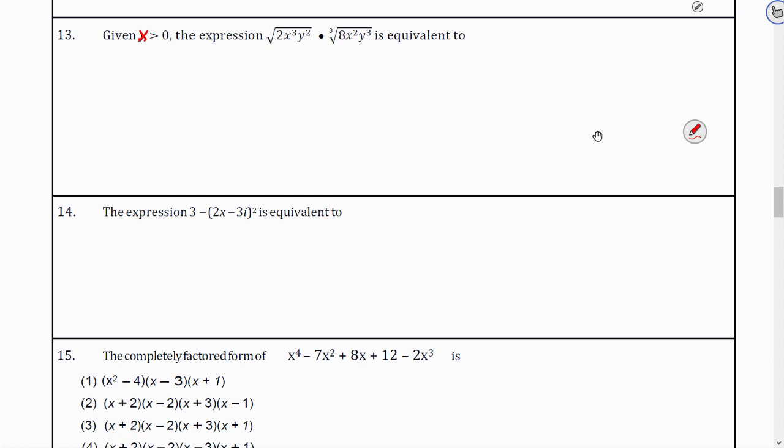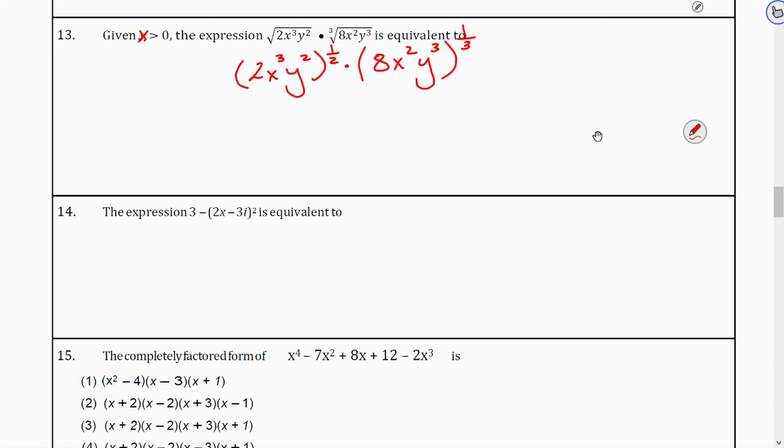So a square root is the same as a power of 1/2, times 8x squared y cubed to the power of 1/3. So fractional exponents. Okay.